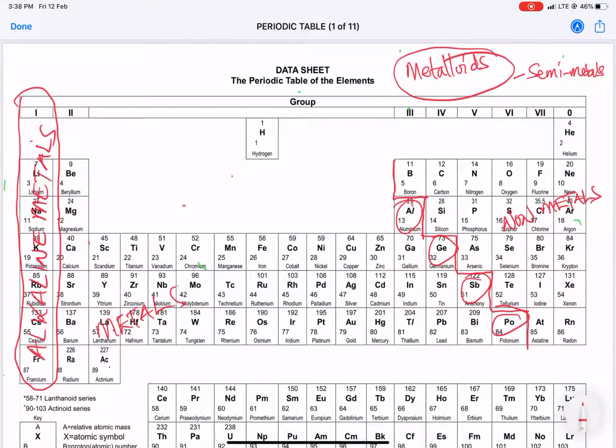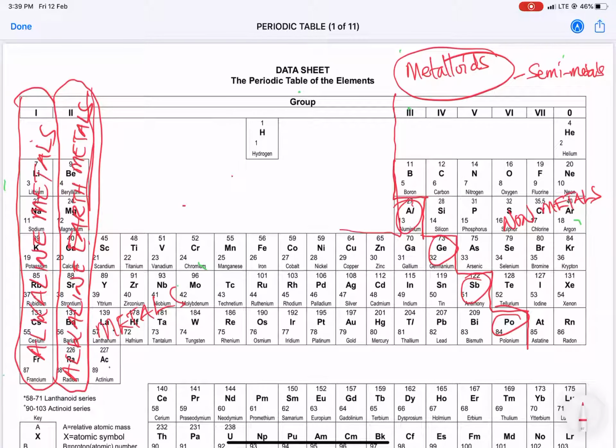Also, the group 2 elements are special. They are called alkaline earth metals.